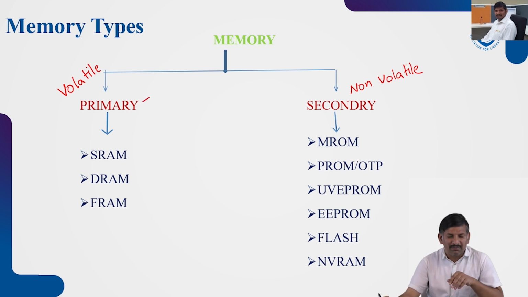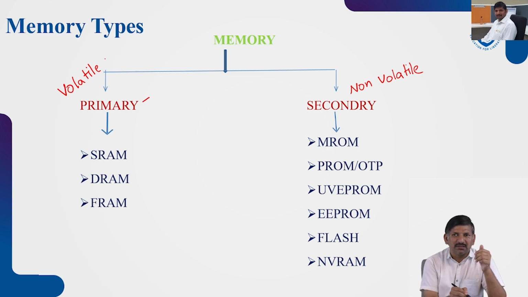That is called primary, meaning we access it first. Why? Because the accessing time of volatile memory devices is less than that of secondary memory devices.